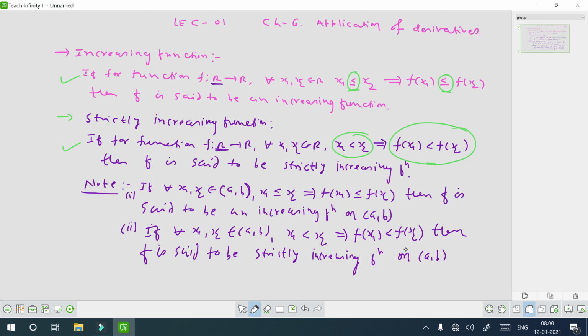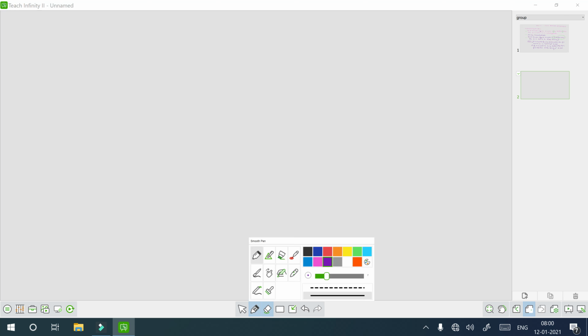Clear? Next thing, what is the application in terms of differentiation?